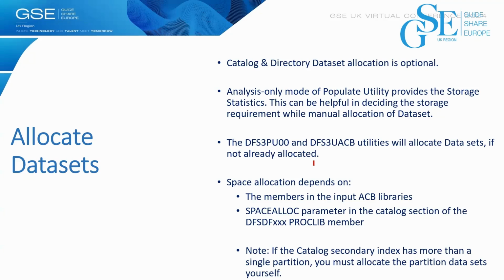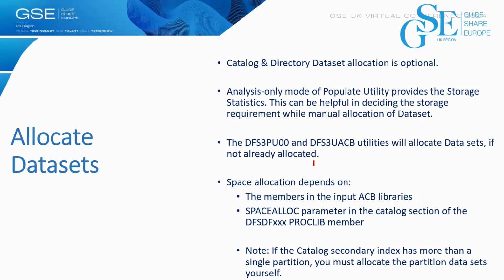However, if you opt to allocate these data sets manually, you cannot allocate the directory data sets manually; those are allocated by the catalog populate utility itself. If you want to allocate the other catalog data sets, you can use the analysis only mode of the populate utility, which provides storage statistics. This can be helpful in deciding the storage requirement for those manual allocations.